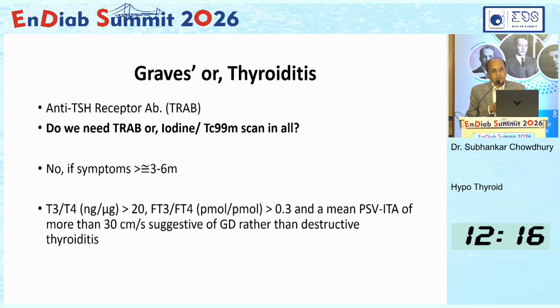So symptomatic over 3 months or 6 months, this is overactive thyroid. Beyond that, there is some biochemical jugglery that you can do, the T3 to T4 ratio. The higher the ratio, more likely that the thyroid is actively producing more hormone rather than passively leaking out hormone. And then also the vascularity of the gland can be a criterion.